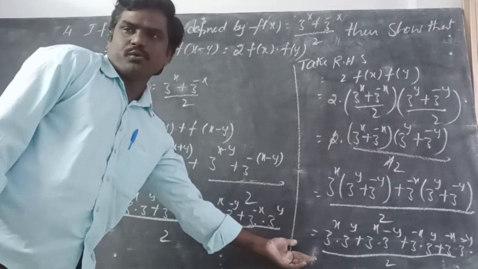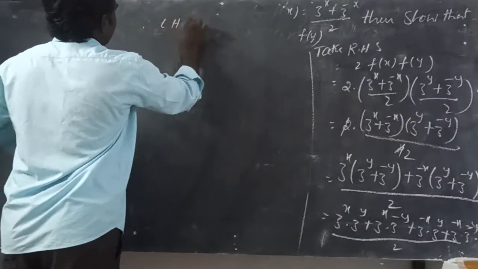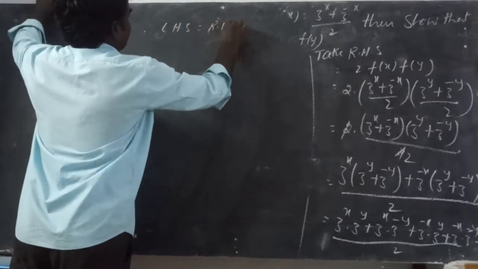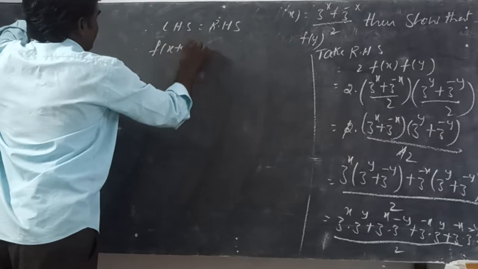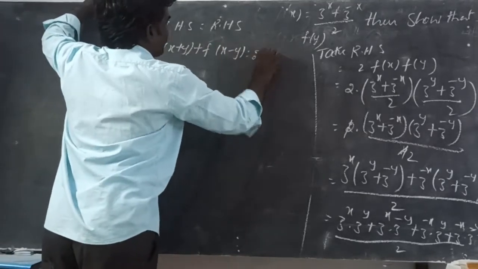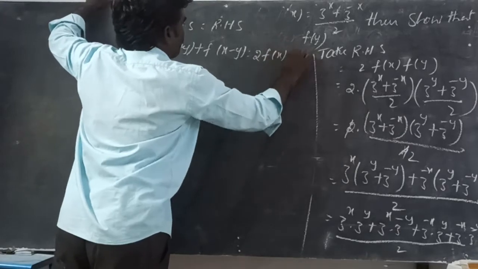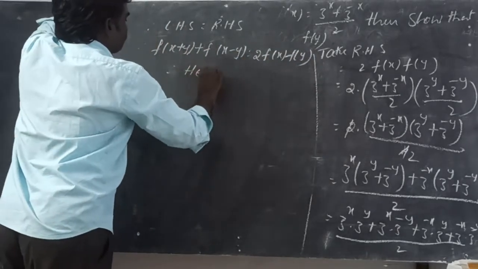Therefore hence proved. Therefore LHS is equal to RHS. So therefore f of (x plus y) plus f of (x minus y) is equal to 2 f of x f of y. Okay, so therefore hence proved.